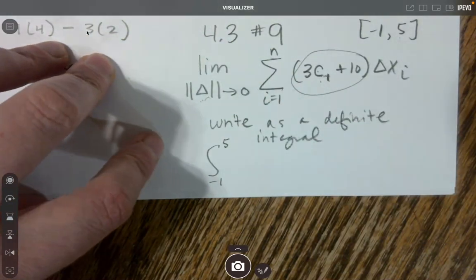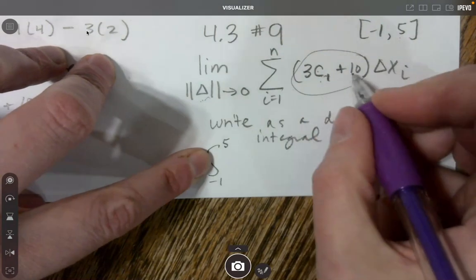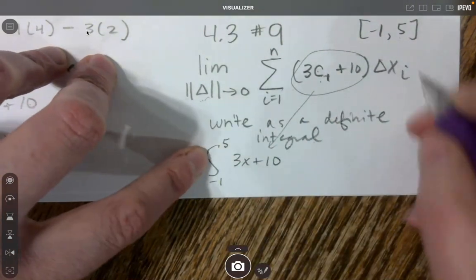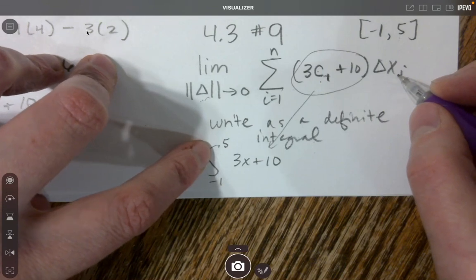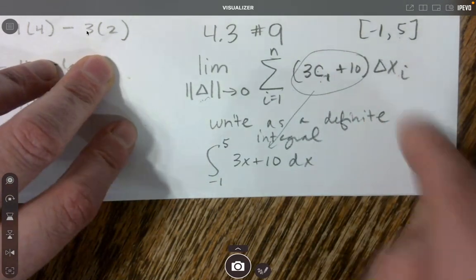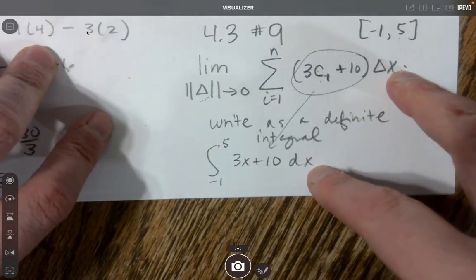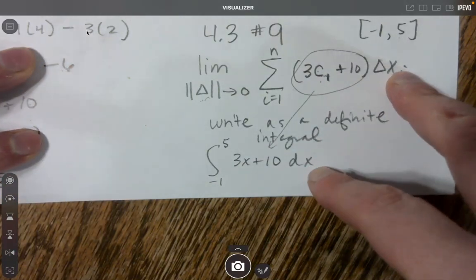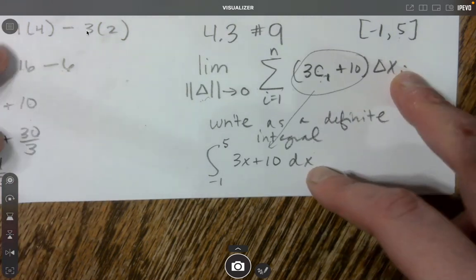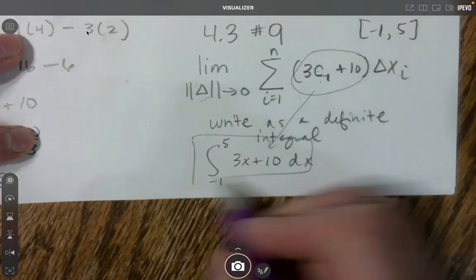I'm kind of wondering if I wrote down the problem wrong. But what I have for this part is 3x plus 10. And then instead of that delta x sub i, remember we're thinking about dx instead. And hopefully you remember from differentials that as delta x got smaller and smaller, it was basically just like a dx. So that's what we're doing. This is how we would write that one as a definite integral.